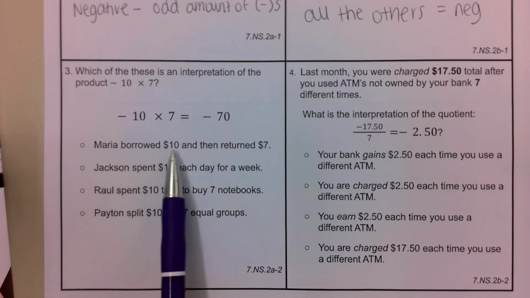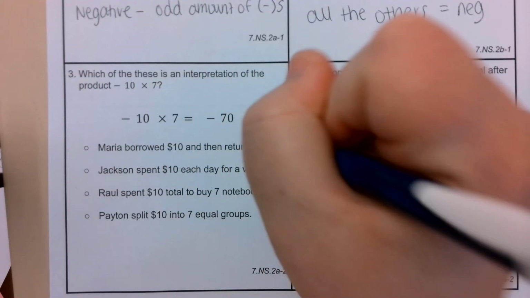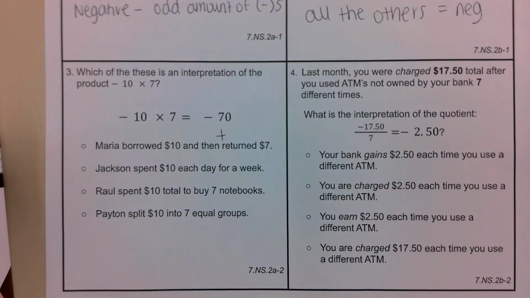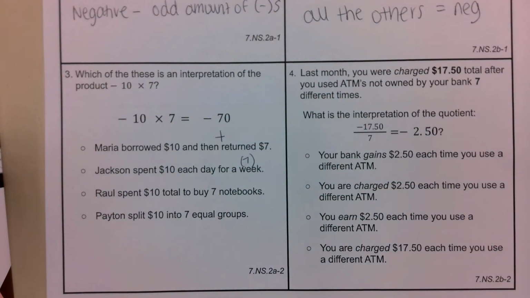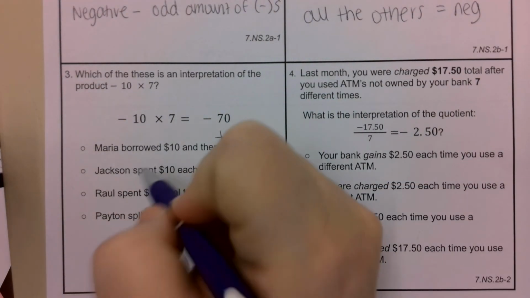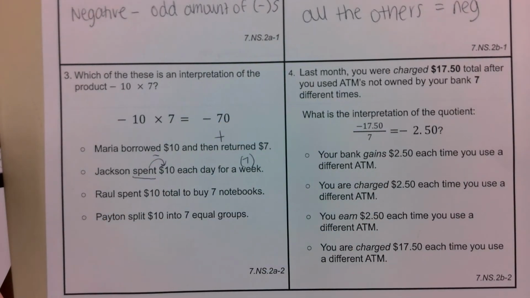So if I'm borrowing money and then returning, that would be addition. Jackson spending $10 each day for a week. There are 7 days in a week. Spending means that this number is negative. So the second one is our option. It may be good.